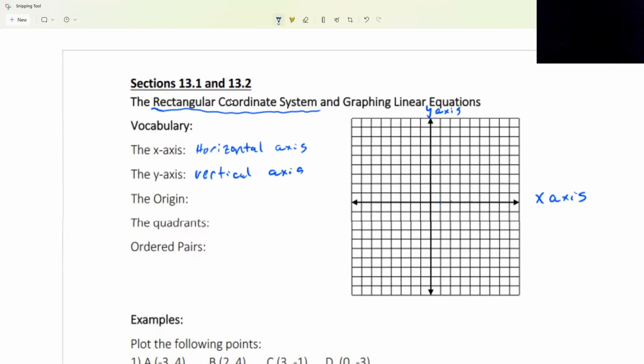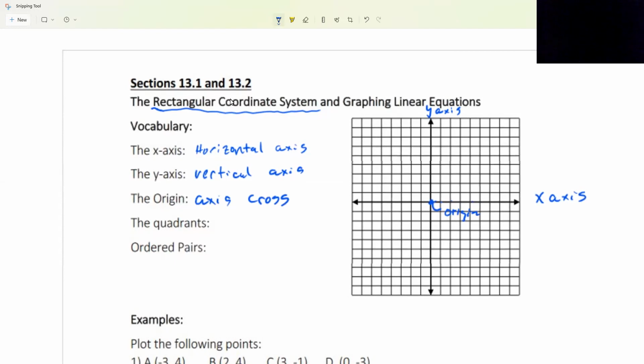Right here where they cross, that's what we're going to call the origin. This is where the axes cross each other, and we call that the origin.